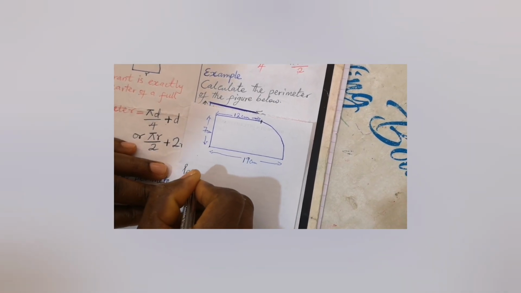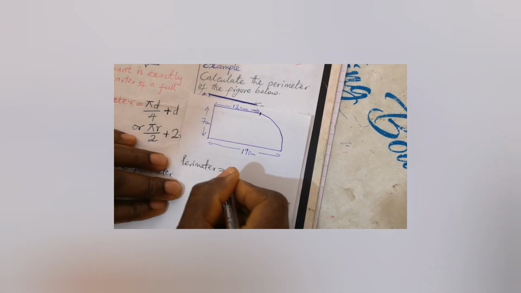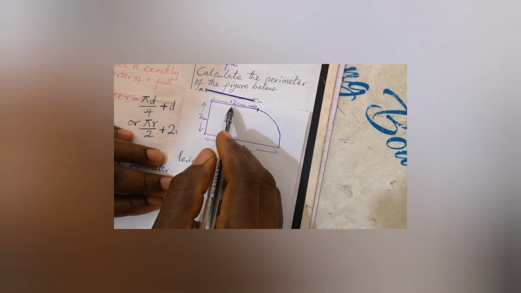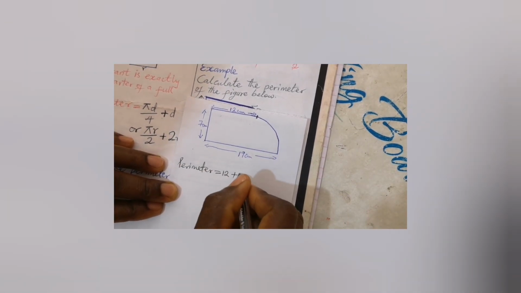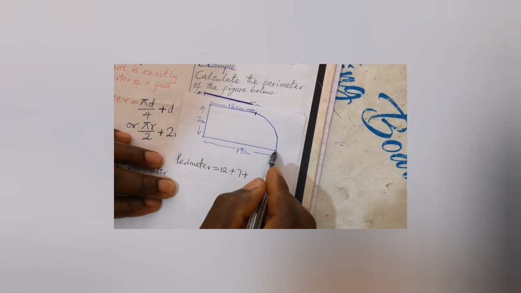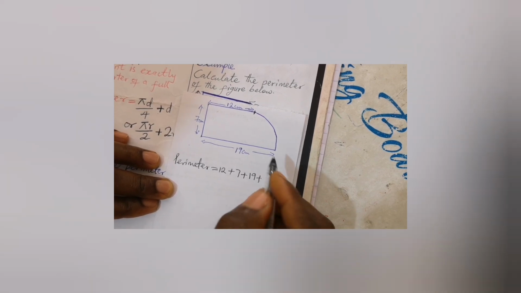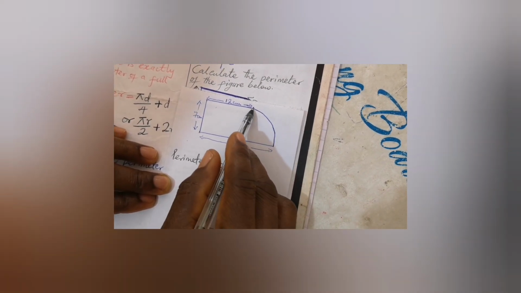So I will say perimeter is equal to 12, which is from here to here. Then from here to here is 7, plus from here to here is 19, plus this curved edge, and this curved edge is the arc of a quadrant.